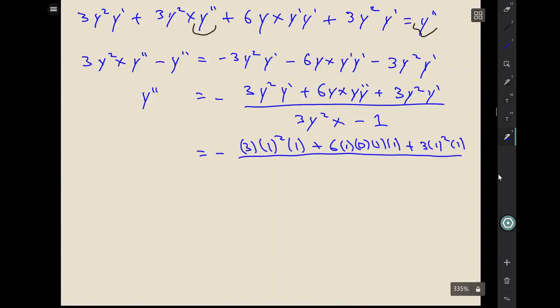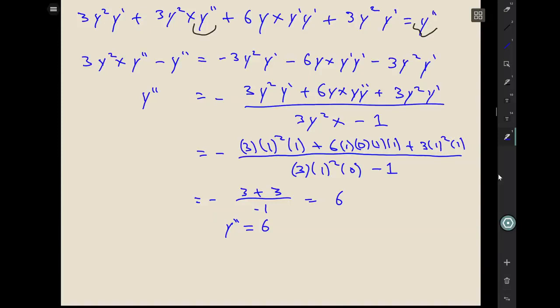All of that over 3 times 1 squared. Oh, 0. That one's going to be gone. Minus 1. And we are left with negative 3 plus 3 over negative 1, which is just equal to 6. So we have y double prime is equal to 6.